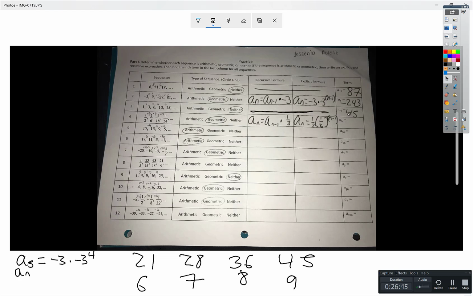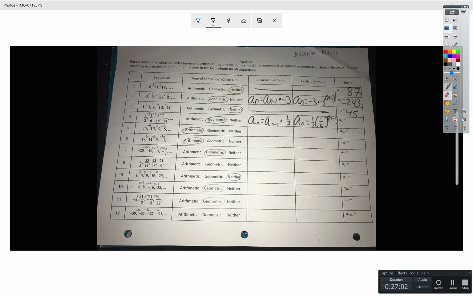And so a_6, and let me use this opportunity to clear annotations. Okay. a_6 would mean a_6 is equal to a_1 times r to the n minus 1 power.